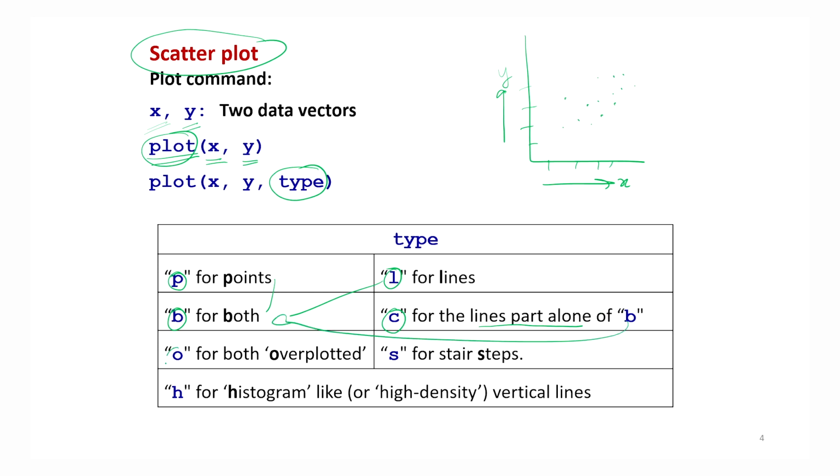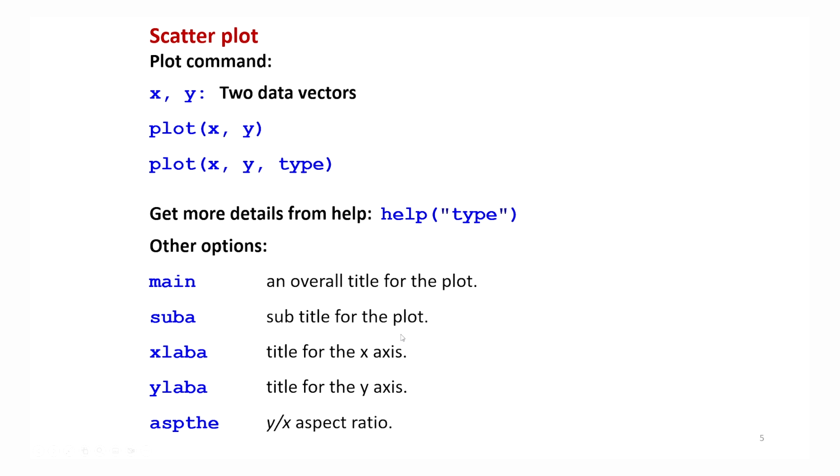Type equal to o means both points and lines are overplotted. Type equal to s gives stair steps. And h gives a histogram-like graphic, with high-density vertical lines.